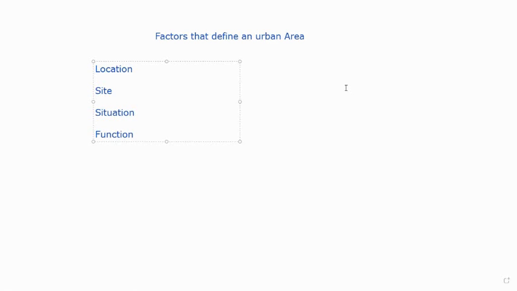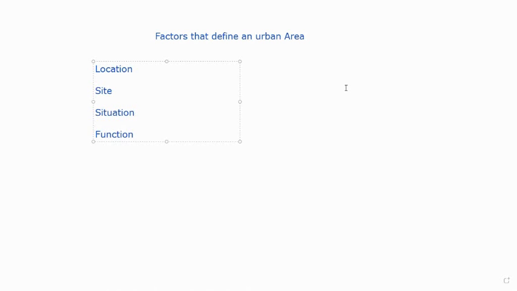Bus rapid transit example is the green line of Lahore. And yeah, Karachi also has a green line, but that is a showpiece green line.